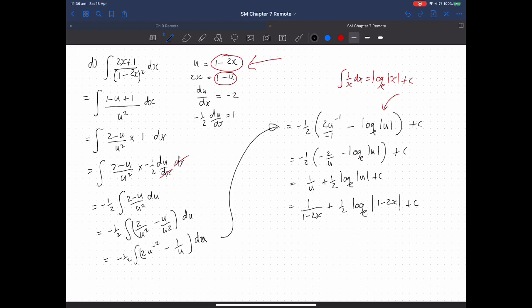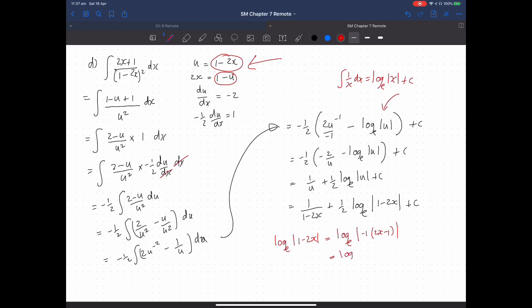Now be very careful on being reliant on your calculator. If you look at log e of the modulus of 1 minus 2x, what your calculator will always do is make the 2x positive. So it does log e of the modulus of, now it takes minus 1 out as a factor, minus 1 times 2x minus 1.